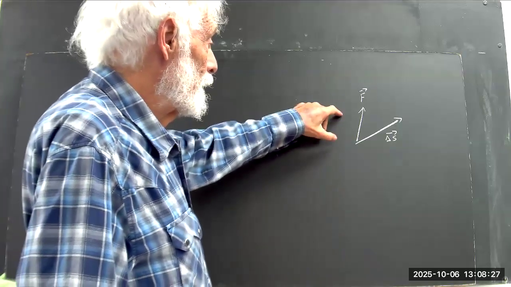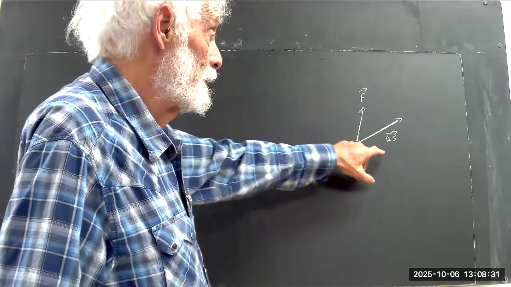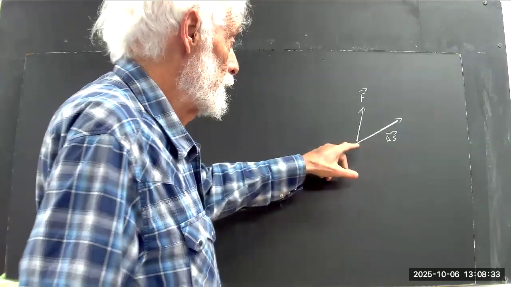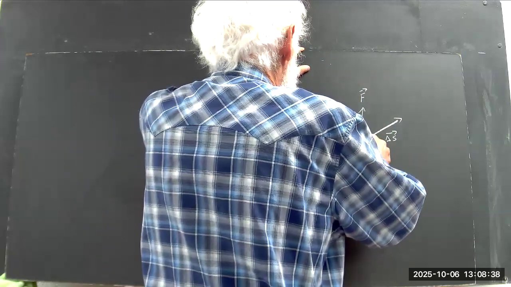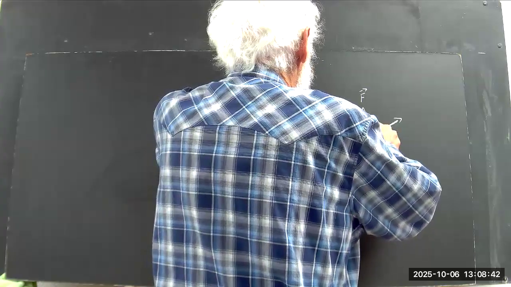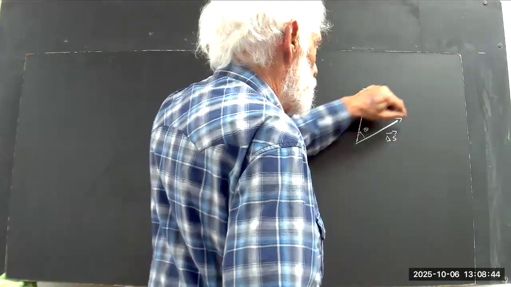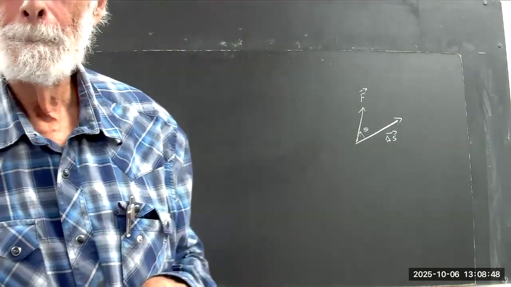Okay, let's say you got this situation. You got some force acting on an object that has a displacement from here to here. And let's just say, for simplicity, that the object is moving in a straight line, and there's your displacement.